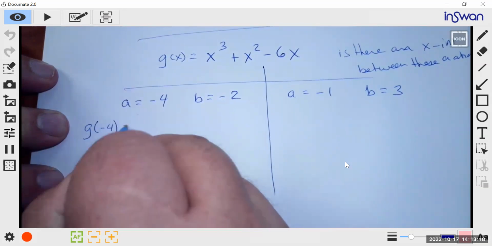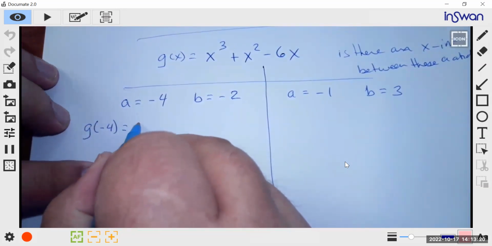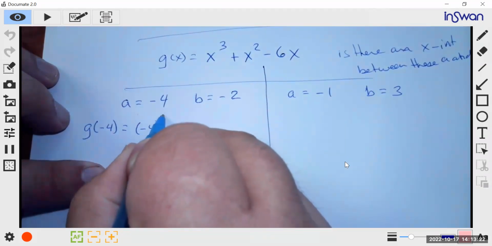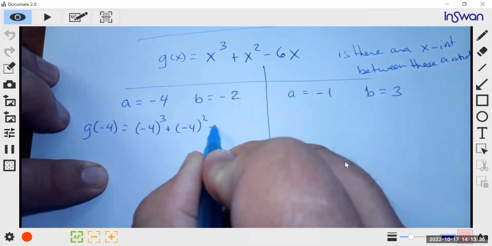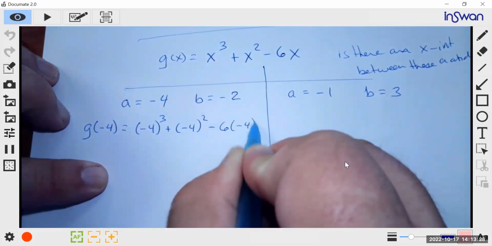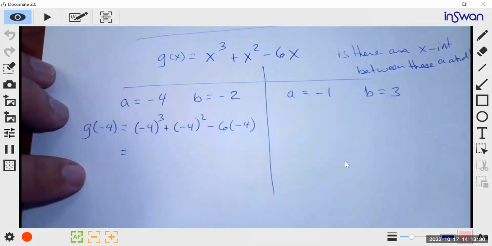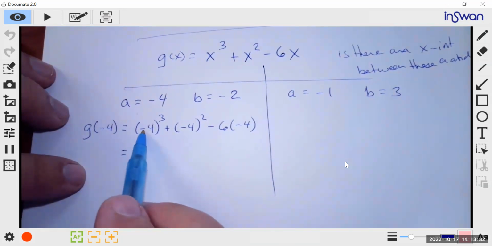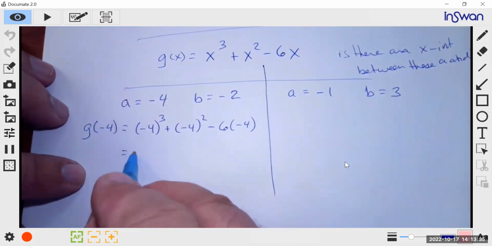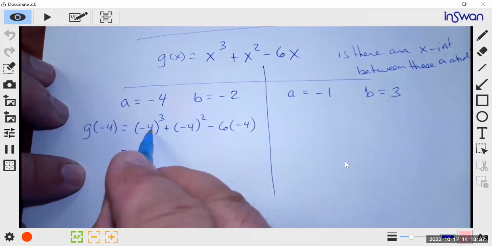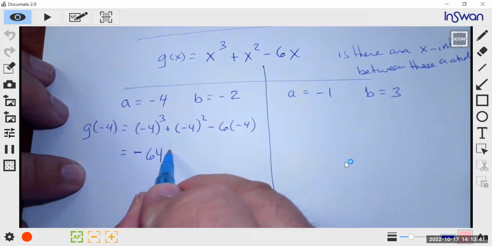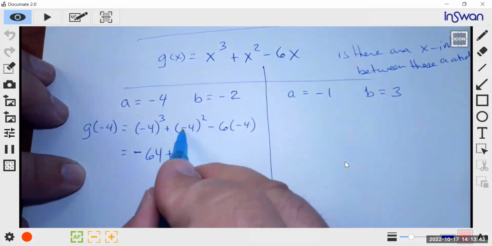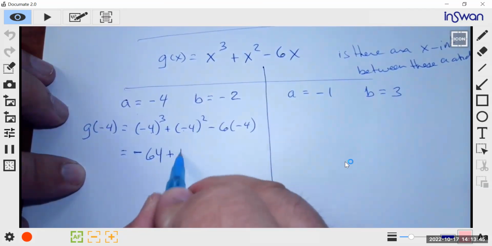G of -4 is -4 cubed plus -4 squared minus 6 times -4. Negative, negative, negative is a negative answer. 4 times 4 is 16, times 4 is 64. Negative, negative is a positive. 4 squared is 16.